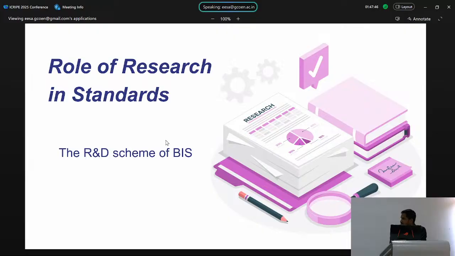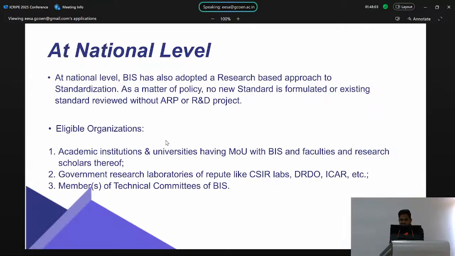However, we want to engage the students and the researchers in our standard making process. So after 2021, we have decided that none of the Indian standards will be formulated without using this ARP technique and R&D project.